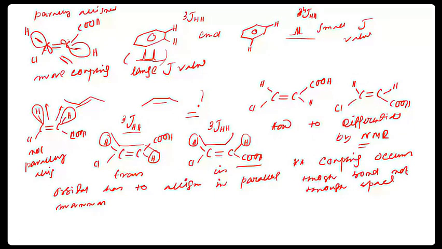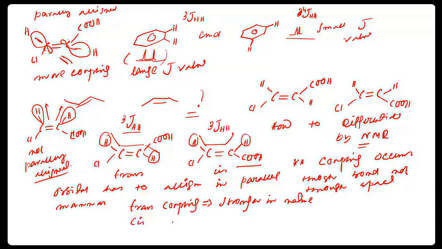Hence the coupling here is weak. So what we observe is that trans coupling is stronger in nature, and cis coupling is comparatively weaker in nature.